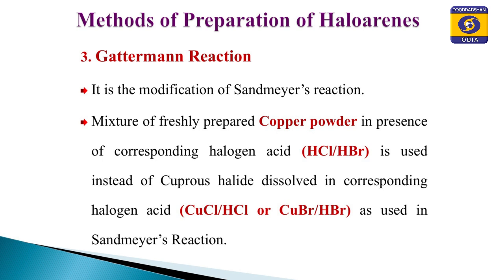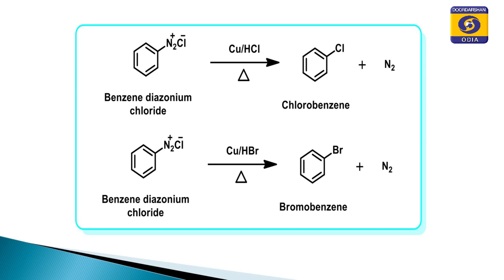This is simply a modification of the Sandmeyer reaction, and a mixture of freshly prepared copper powder in the presence of the corresponding halogen acid is used for the preparation of haloarenes. If we want to prepare chlorobenzene, we use copper powder in the presence of hydrogen chloride. If we want to prepare bromobenzene, we use copper powder with hydrogen bromide, and the starting material is benzene diazonium halide.